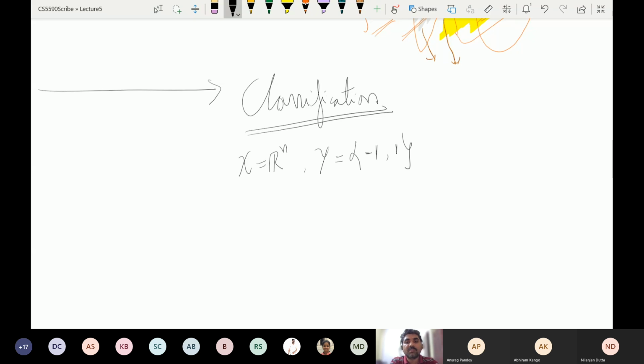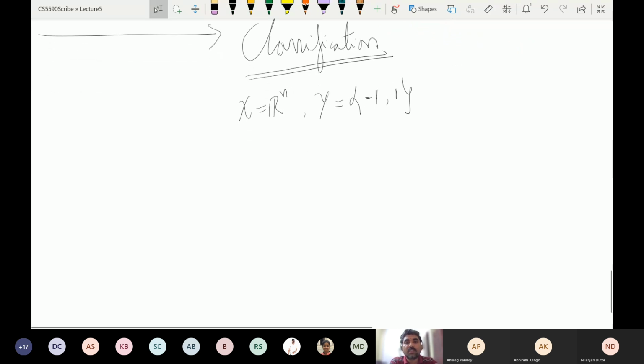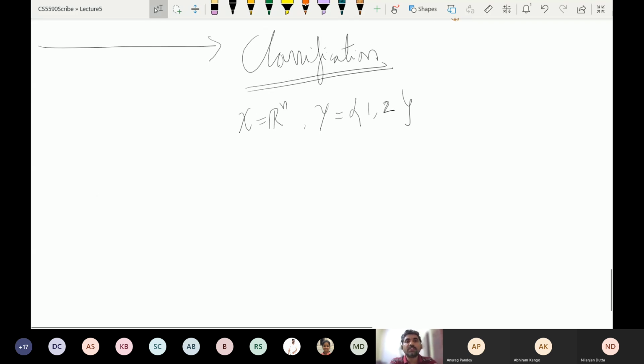These are not the numbers -1 and 1, just the classes. Or instead of -1 and 1, let's call them 1 and 2. For this case, let's try to see how to do generative classification, generative modeling.